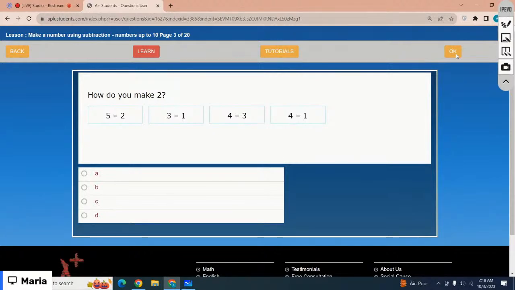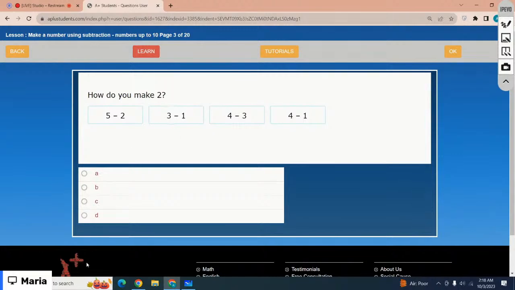How do you make 2? So which option is the correct one? Which option makes 2? The correct option is 3 take away 1.